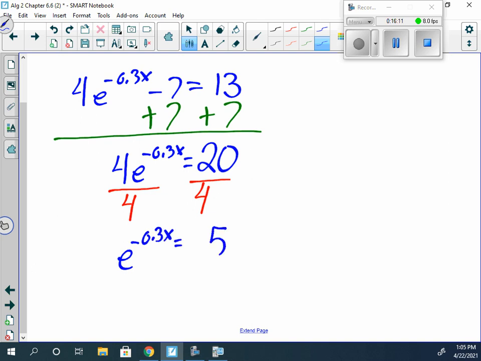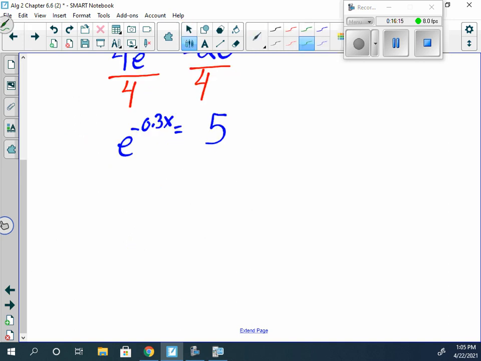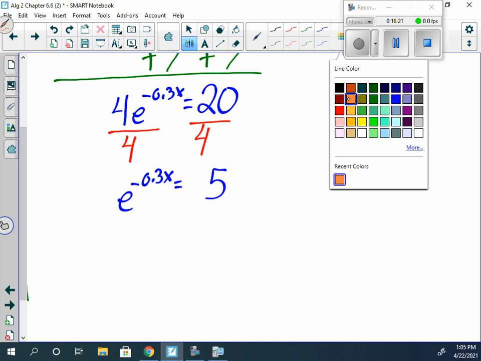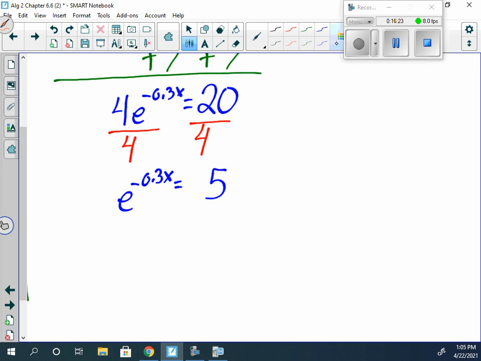And 20 divided by 4 would be 5. Any questions on this so far?